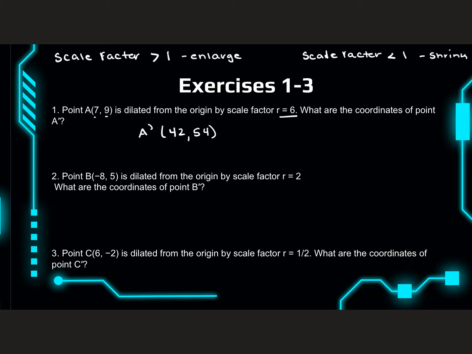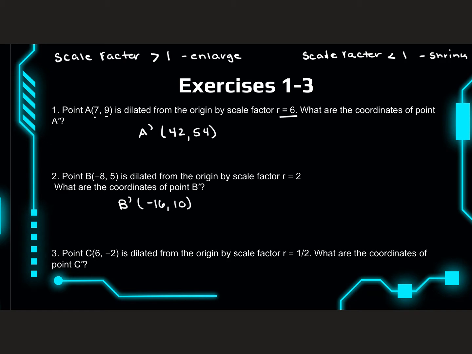All right, number 2, point B (-8, 5) is dilated from the origin by a scale factor of 2. What are the coordinates of point B prime? So again, I'm going to be multiplying by 2, which gives me (-16, 10), which again, I can see that since my scale factor is greater than 1, we are enlarging this point, or enlarging this portion of the shape.